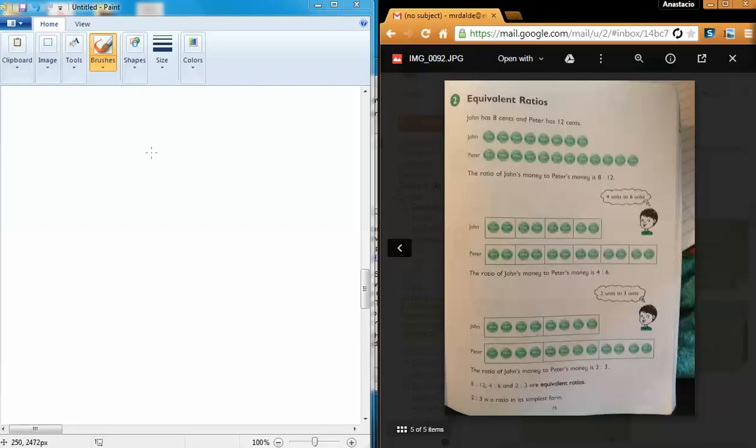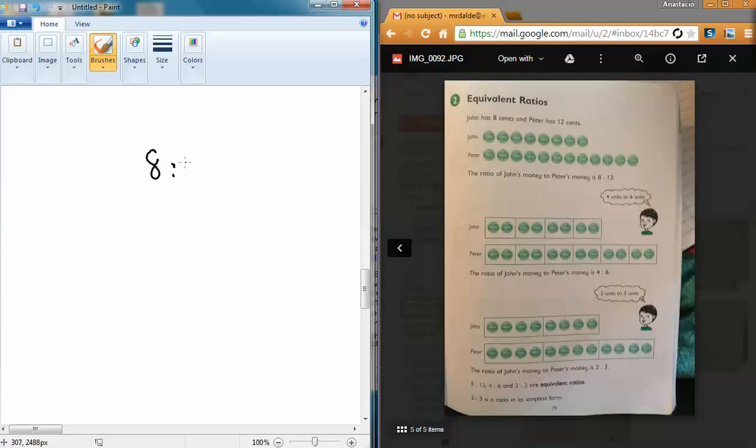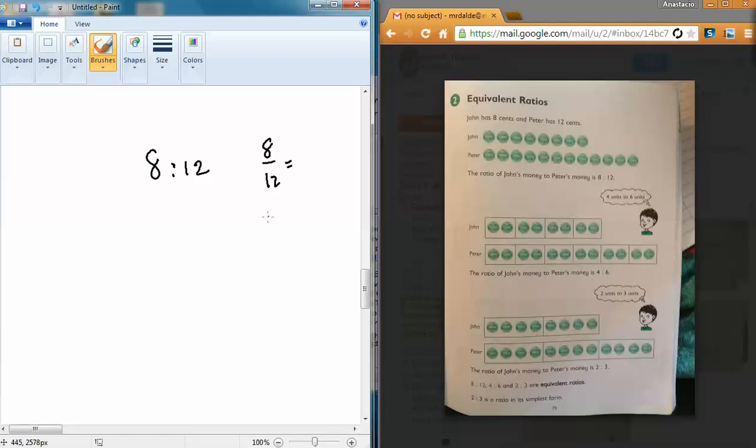I suspect this is what they're doing, saying 8 to 12, but if you were to think of that as a fraction of 8 over 12, you could reduce that to being 4 over 6. And so the ratio becomes 4 over 6.